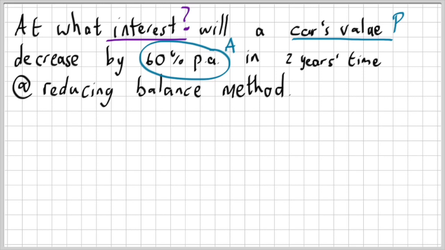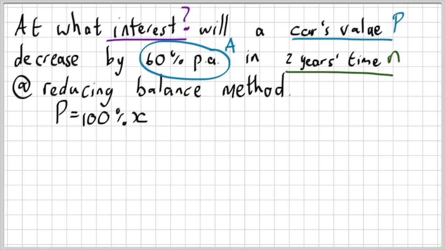So that has to do with the A value. It's not the actual A value, but it has to do with the A value. In 2 years' time, so there's your N value. And I know that I'm sitting with reducing balance method.